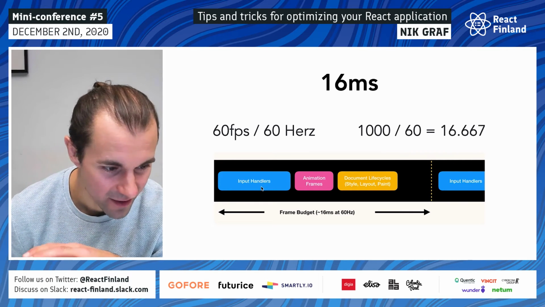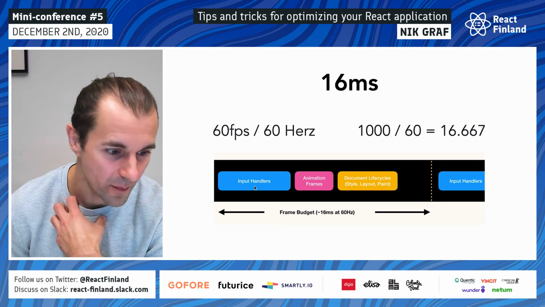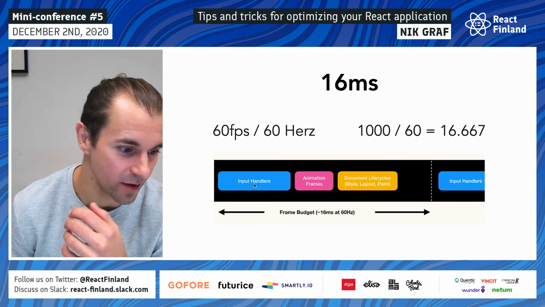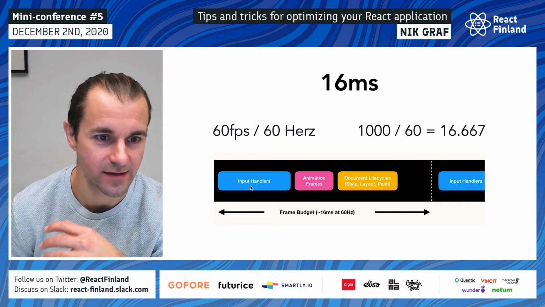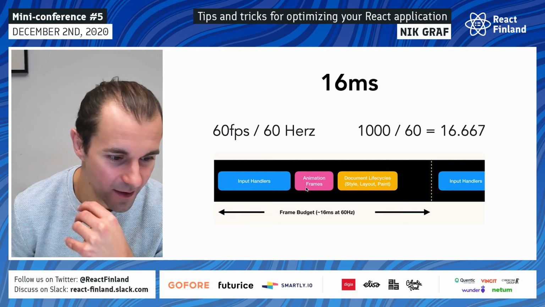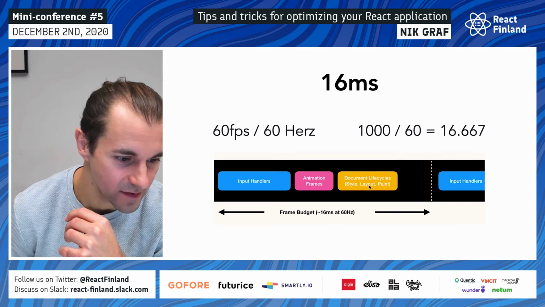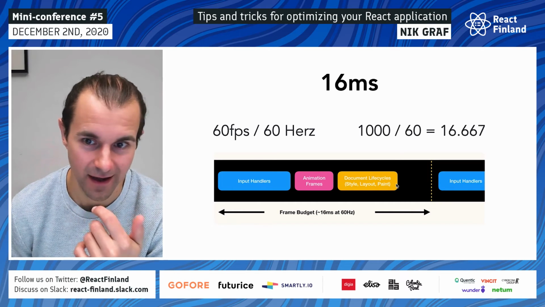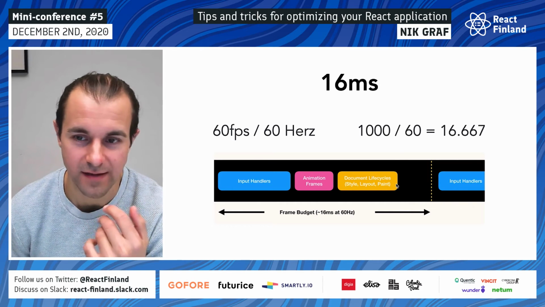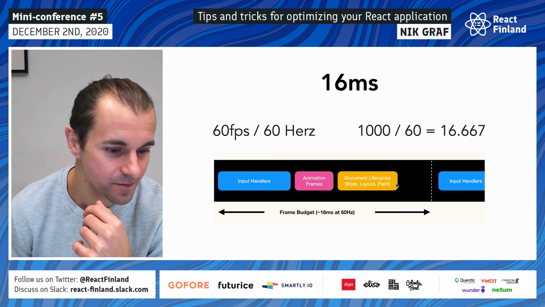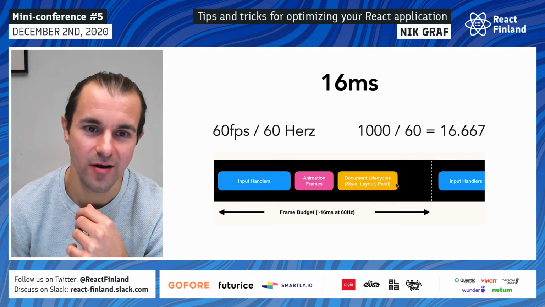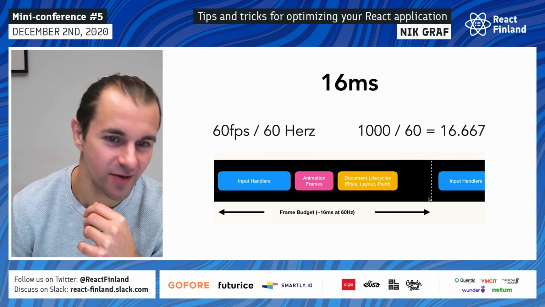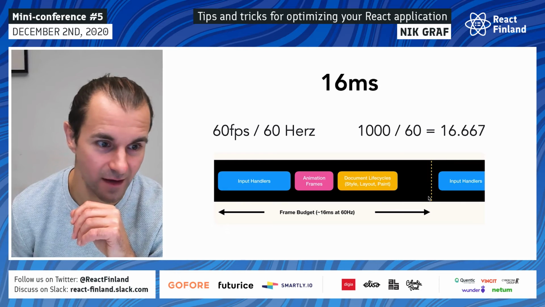It's a little bit scary, because it's not only our budget, the browser also has to do a lot of things, like the input handlers, all the styling, painting, and so on. So it's actually less. I can't tell you exactly, it really depends on the change. But in general, you don't have a lot of time to stick to 60 frames per second.